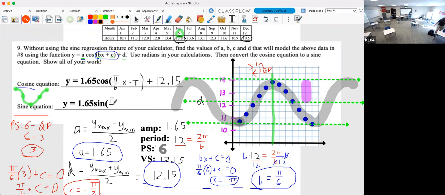We just moved the sine curve a quarter period to the left of where the cosine curve was. So pi over 6x minus, this time, pi over 2, and then plus 12.15.